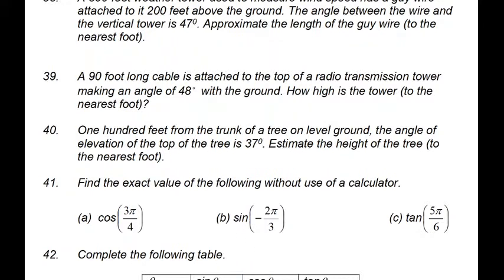So now if we're looking at tan of pi divided by 3, cosine of pi divided by 3, and then lastly sine of pi divided by 3, this is the same as tan 60, cosine 60, and sine 60.